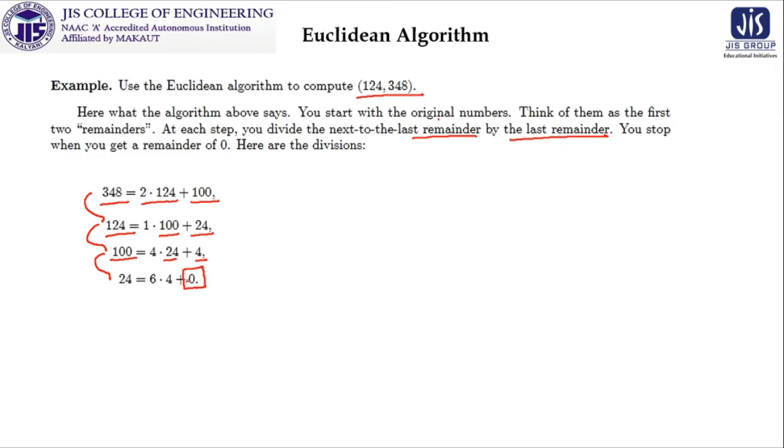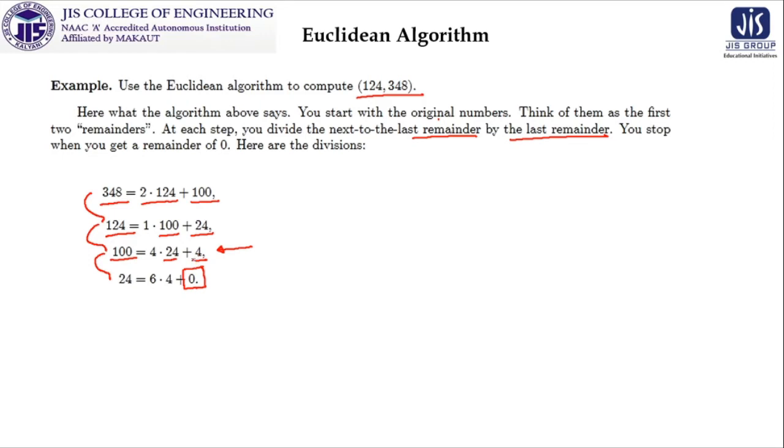So it is divisible, and there is no need to proceed further because it is neither required nor possible. The non-zero remainder in the last step is the GCD of the two numbers from where we started. So the GCD of 124 and 348 is 4.